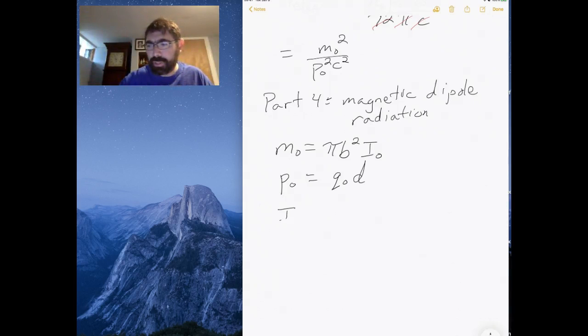The current we can think of as the charge times the frequency, the angular speed of the charge going around the loop. And just for convenience, we're going to set the distance d equal to the circumference of our circle.